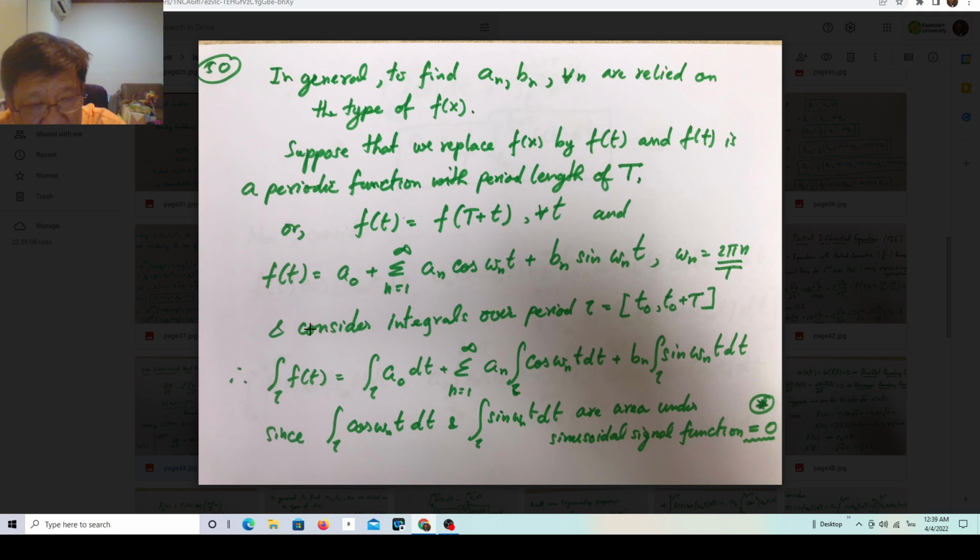And we're going to find the integral of f of t over a period, capital T here.